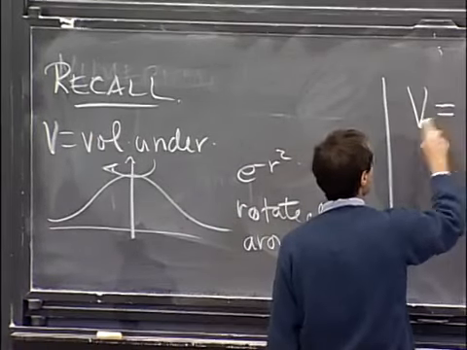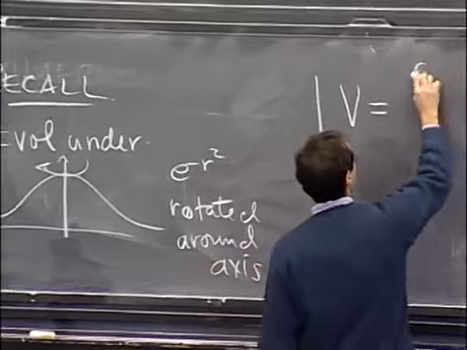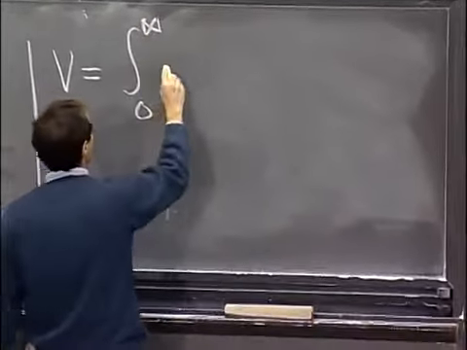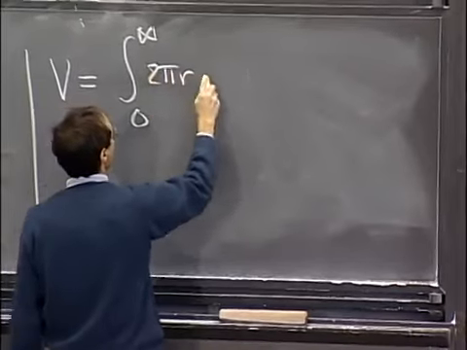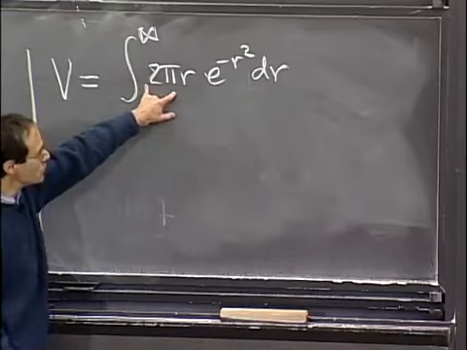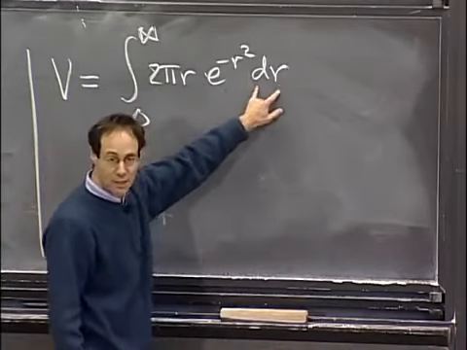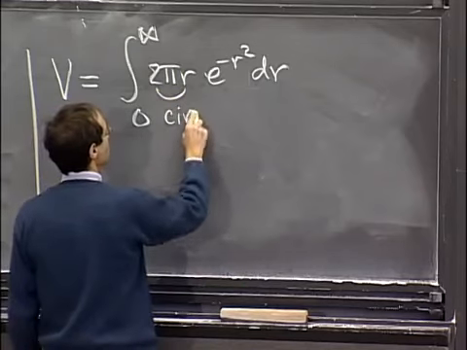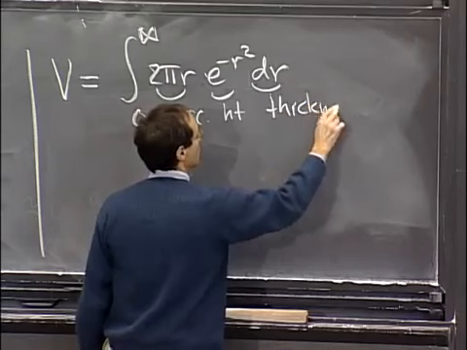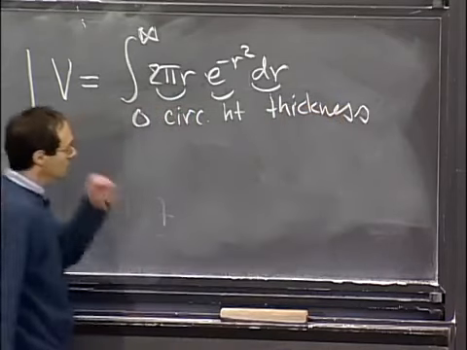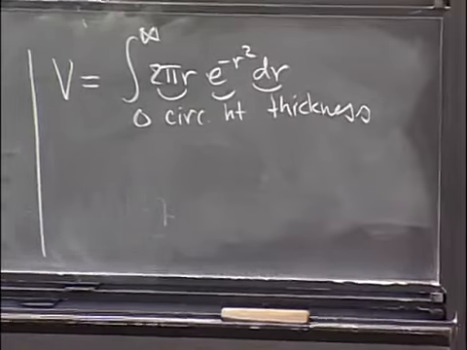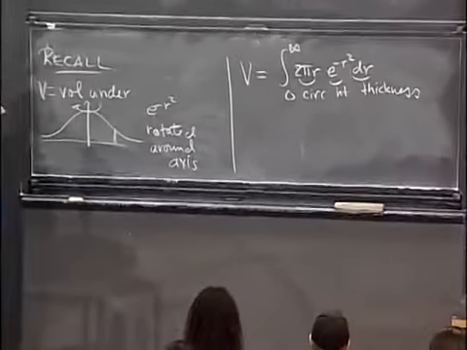I'm just going to remind you, it goes by shells. We integrate the whole range from 0 to infinity, and we have 2 pi r e to the minus r squared dr. So this is the circumference of the shell, this is the height of the shell, and this is the thickness of the shell. Circumference, height, thickness. We're just taking a little piece here and sweeping it around, and then adding up.